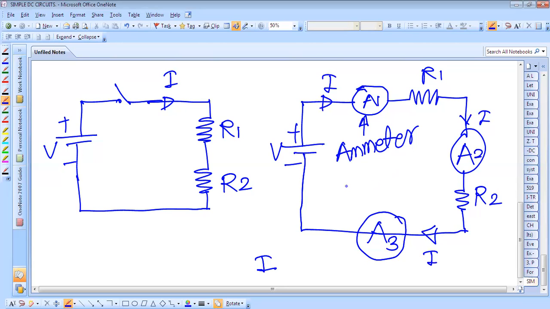So the current is the same here, but the voltage of 3 volt gets divided across the two resistors.